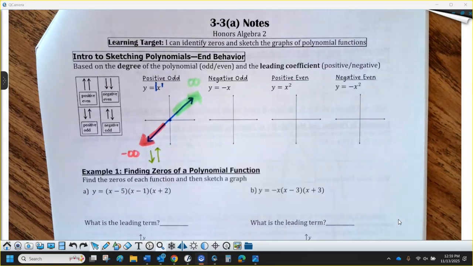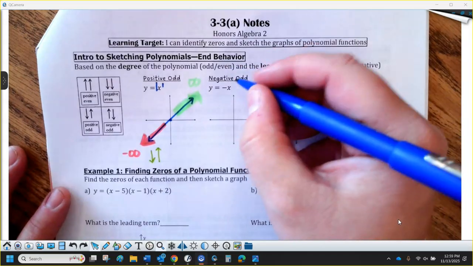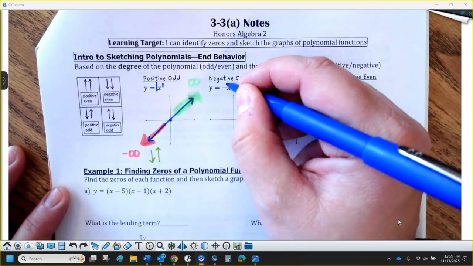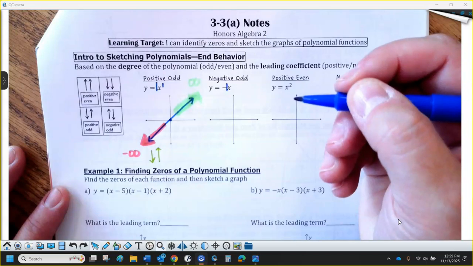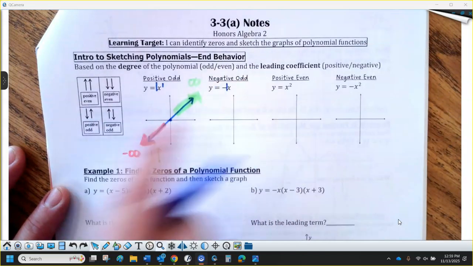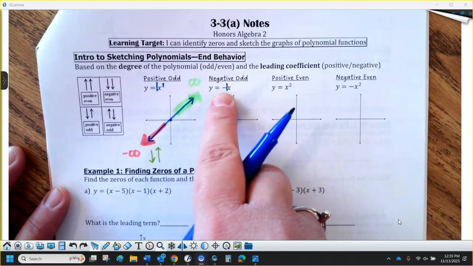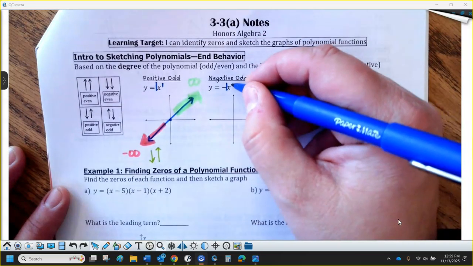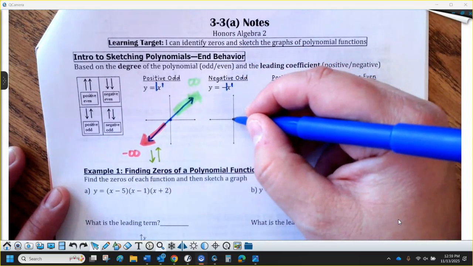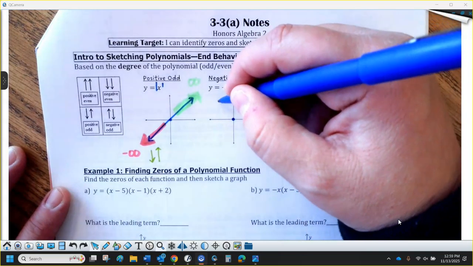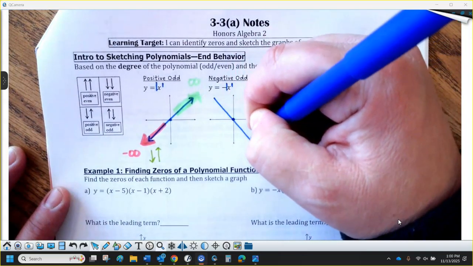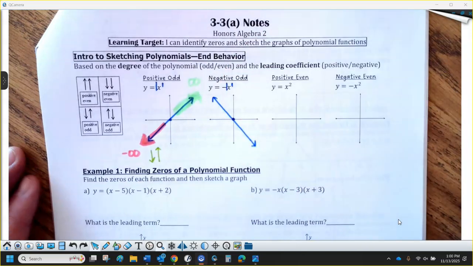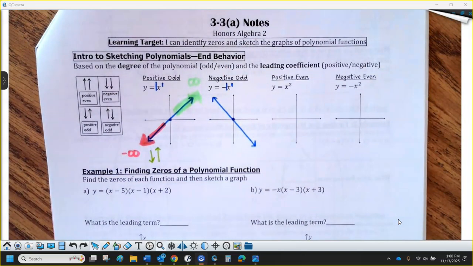Okay, now your negative and odd. So I'm just going to do very similar. I just have a negative 1 in front of the x. That's the only thing I changed up. The negative comes from that leading coefficient. The odd, again, the exponent there would still be 1. So if you have negative x, that is a perfect diagonal. Pretend I did a good job drawing that through the second and fourth quadrants.